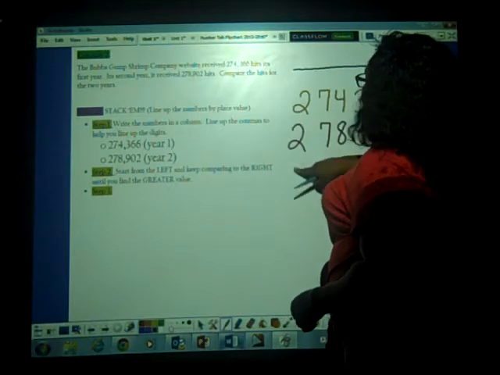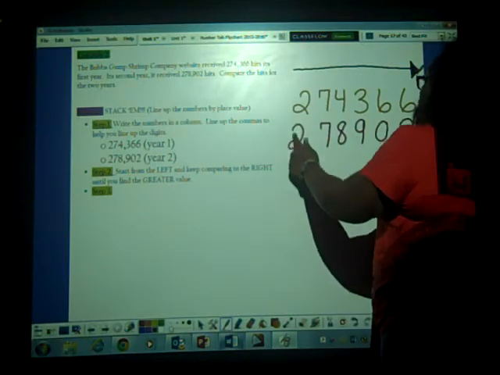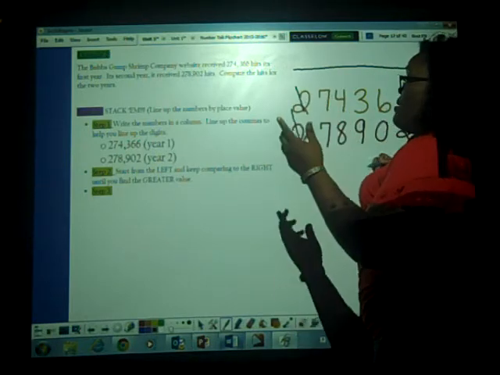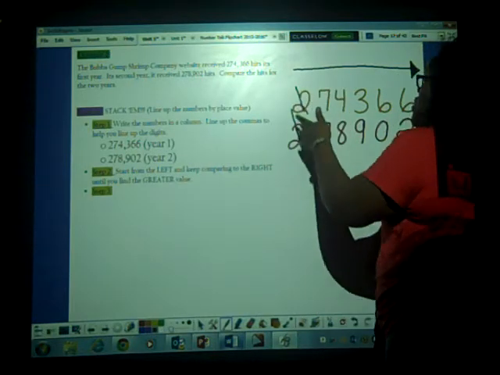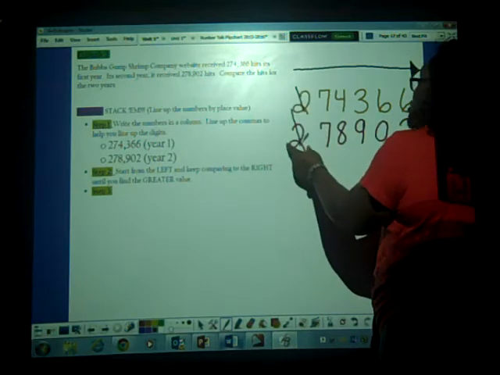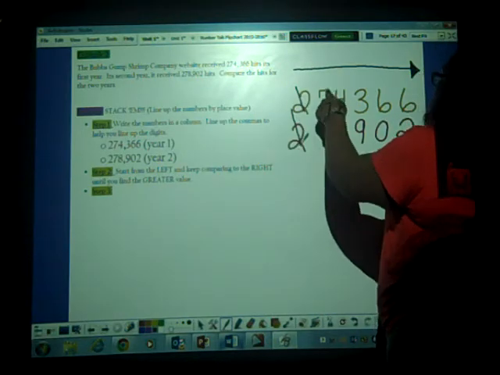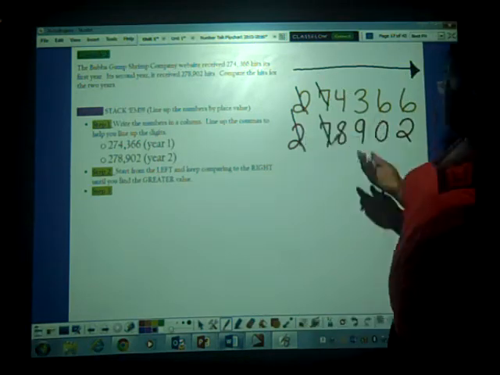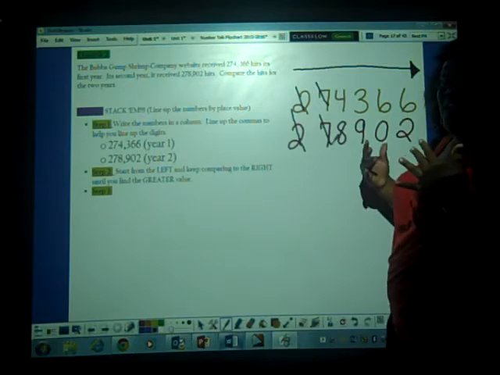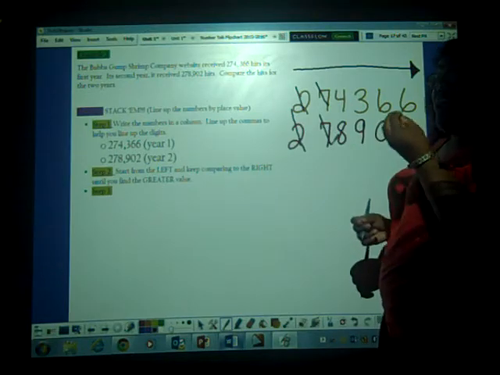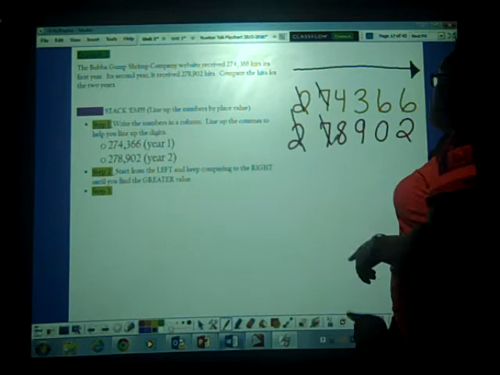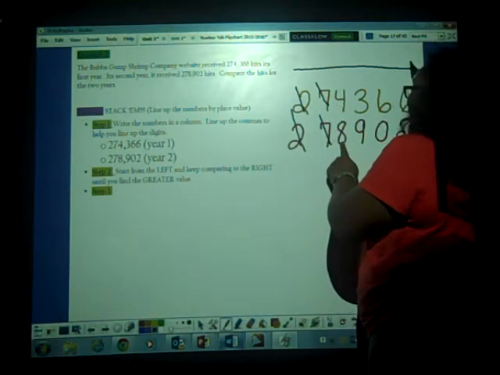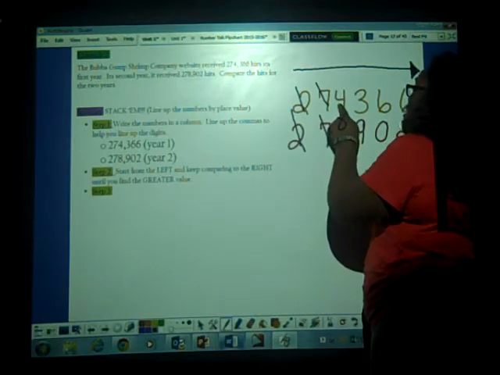So the 2s are in the hundred thousands place, they're both 2s. So right now it's showing that these two have an equal value in the hundred thousands place. Then right here we see there's 2 7s. They're the same, so we have to keep moving until we find a place value that is larger than the other one. So we come right here. Oh, look. Well, we already know that 8 is larger than 4.